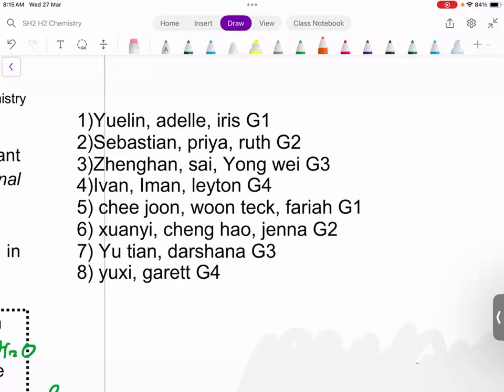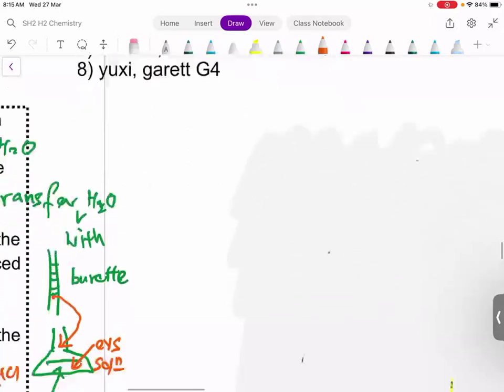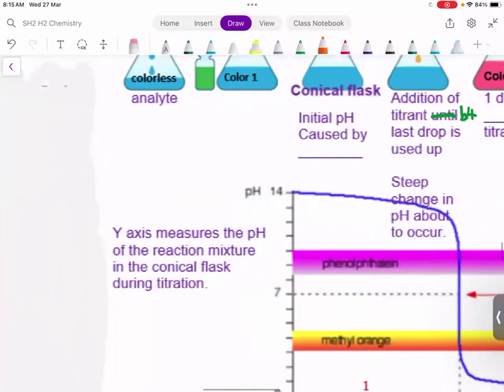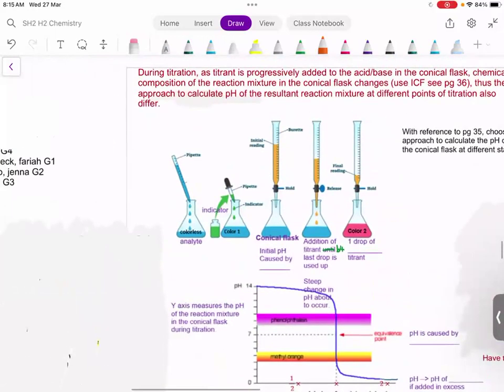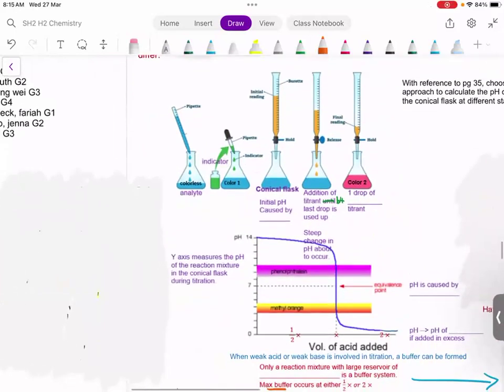So with reference to page 35, I would like you to see what is the purpose of this diagram. I've tried to use a diagram to show you the different stages of titration.